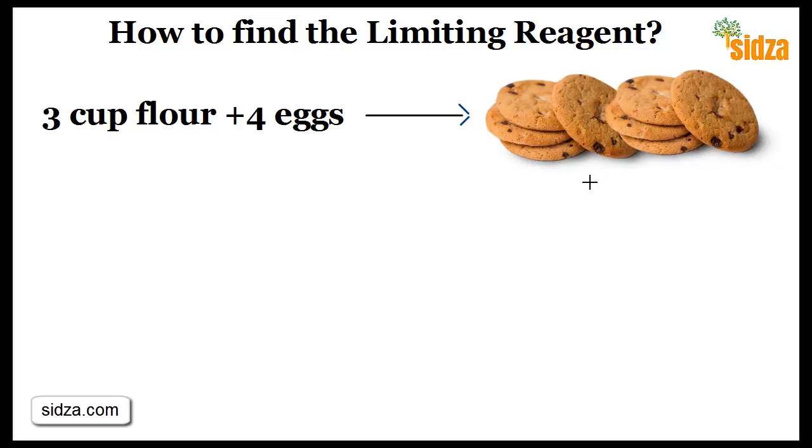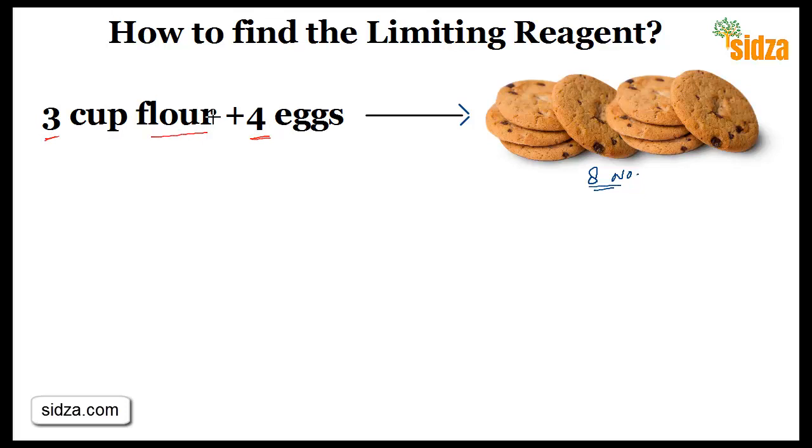You know how to prepare the 8 cookies from eggs and flour. To prepare the 8 cookies, let's suppose that you need 4 eggs and 3 cups of flour.